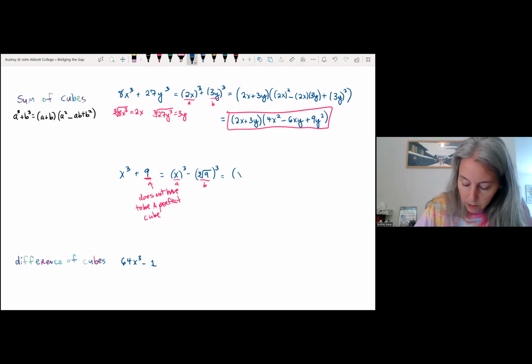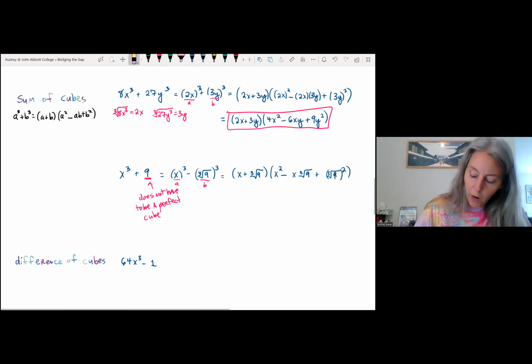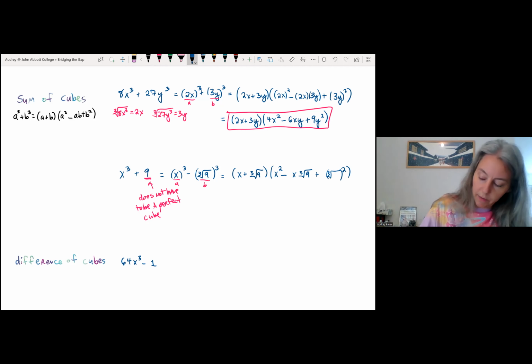And then we'll again just directly apply our formula. So our x plus the cube root of 9, then a squared is x squared, minus a times b, so that's x times the cube root of 9, then plus b squared, that's the cube root of 9 squared. So again, we don't want to leave our answer in this form.